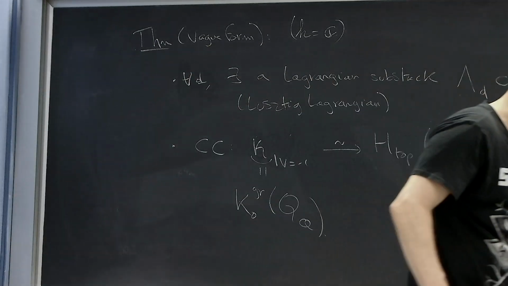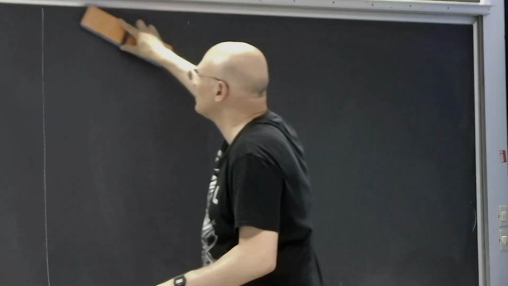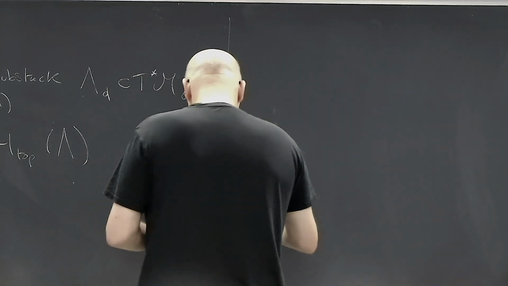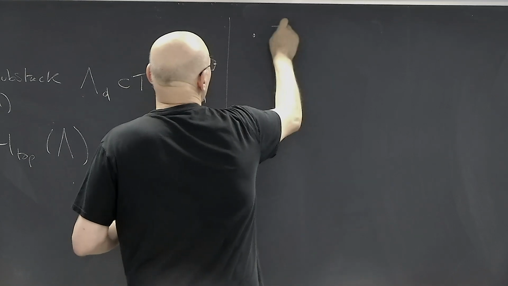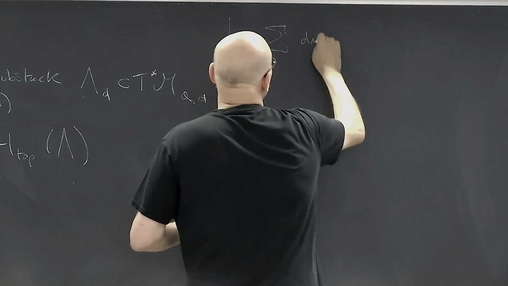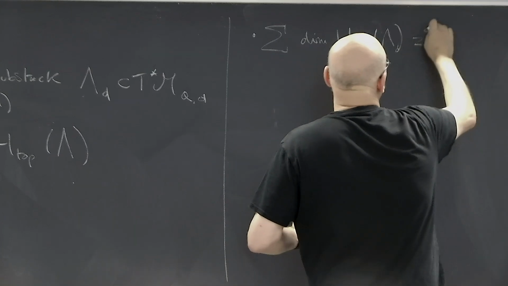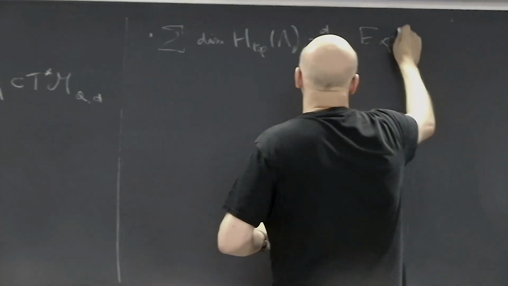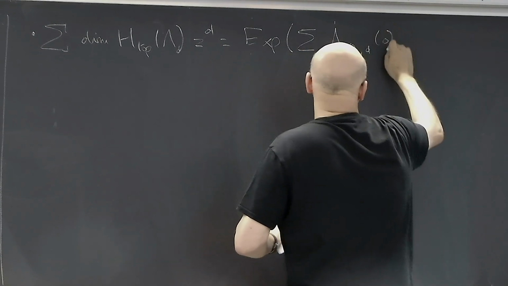All right, and now just as a teaser for tomorrow, I know everybody's hungry and tired, let me give more. The sum of the dimensions of H top of Lambda D, z to the d, is the exponential of the sum of Katz's polynomials evaluated at 0.